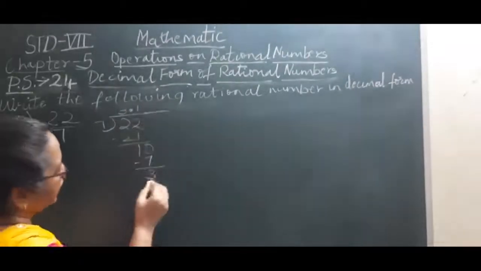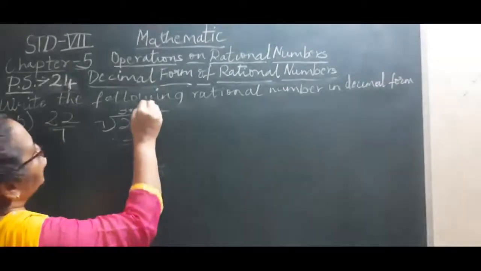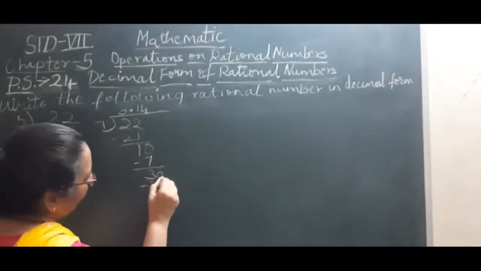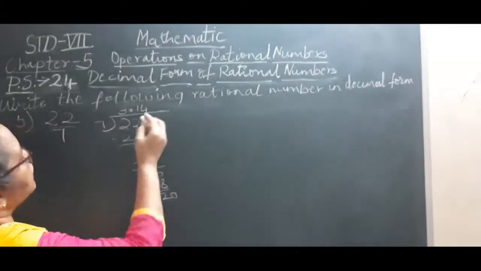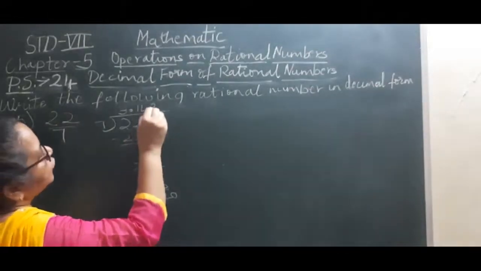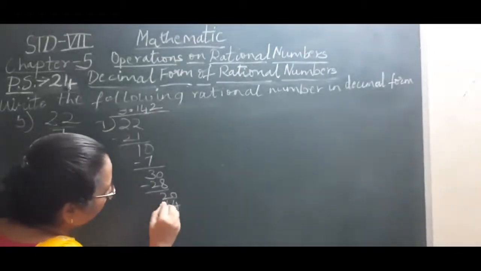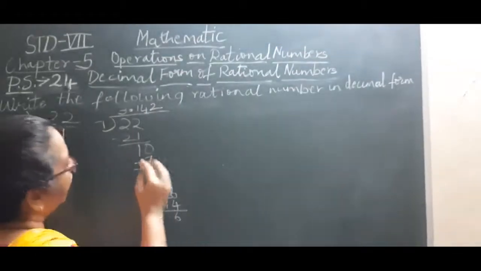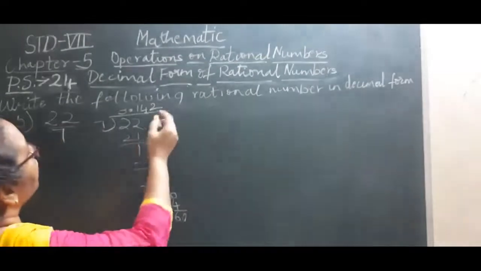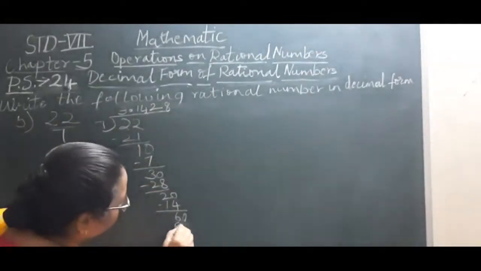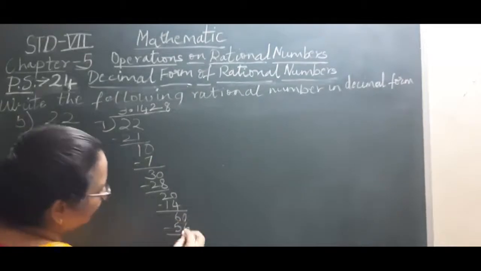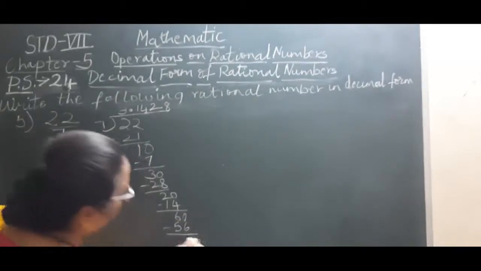We can add a 0 here. 7 4s are 28. So 2 is remaining. We'll add a 0. 7 2s are 14. 6 is remaining. We'll add a 0 here. 7 8s are 56. 4 is remaining.